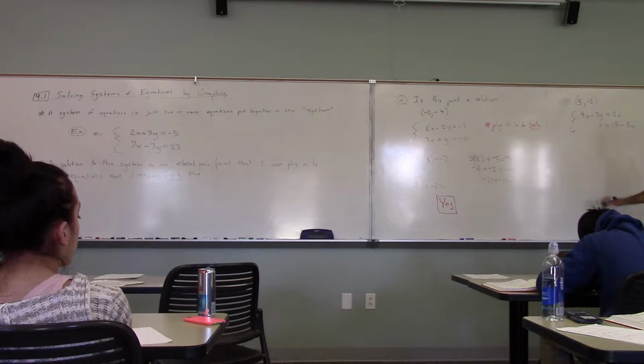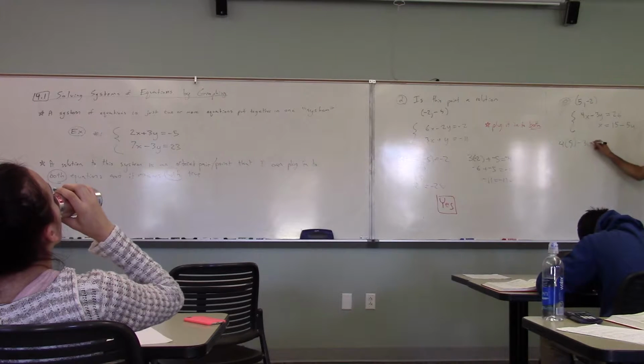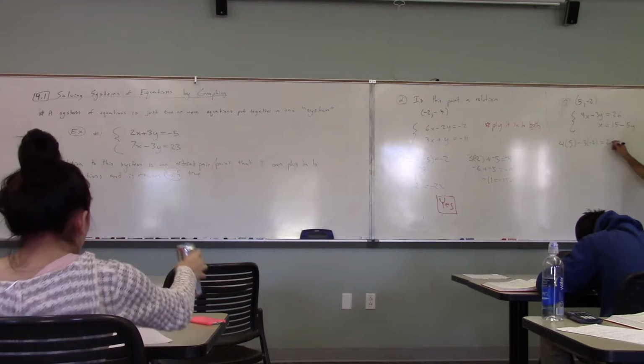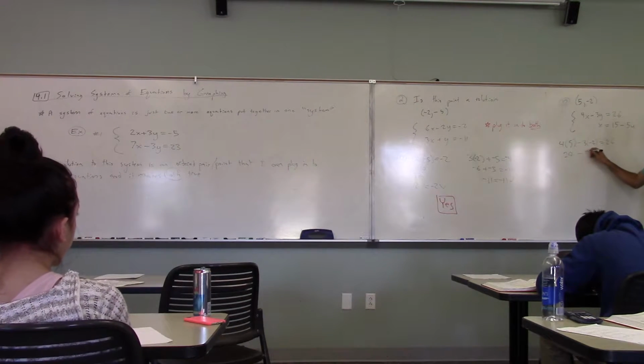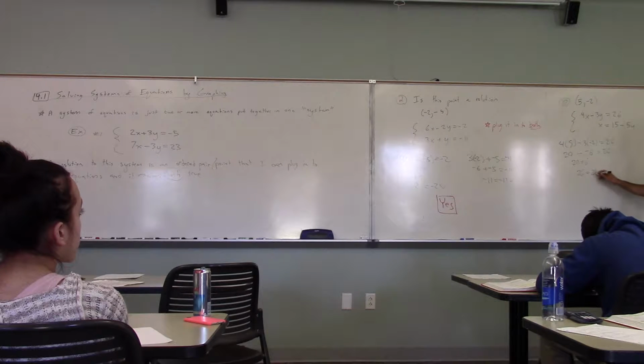So you plug it into both. Plug it into the first one. 4 times 5 minus 3 times negative 2. So that's 20 minus negative 6, which is 20 plus 6, or 26 equals 26. So it works. Don't stop there.